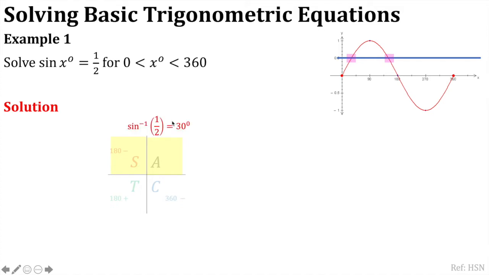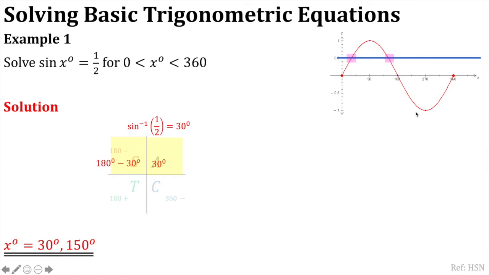So the inverse sine of a half is equal to 30, like I've already said. So in the first quadrant the answer is 30 degrees, and in the second quadrant it's 180 minus 30 degrees, which is 150. So our solutions here then are 30 and 150.